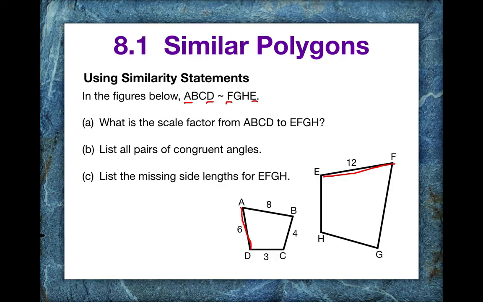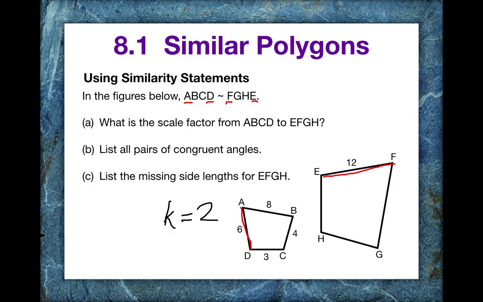If I compare the side length, 6 going to 12, that means that I'm using a factor of 2. So I'm going to multiply 6 times 2 to get 12. That means that my scaling factor, K, is equal to 2.